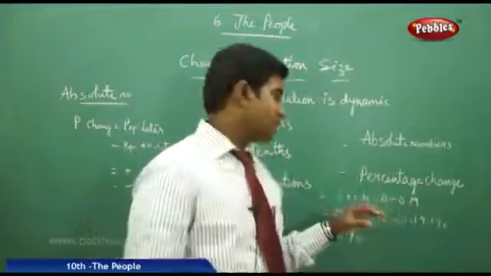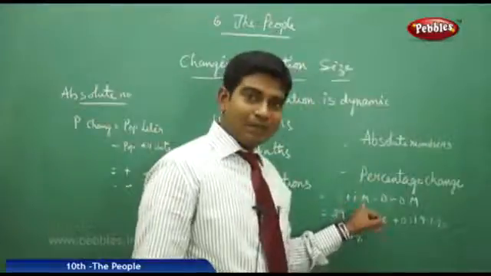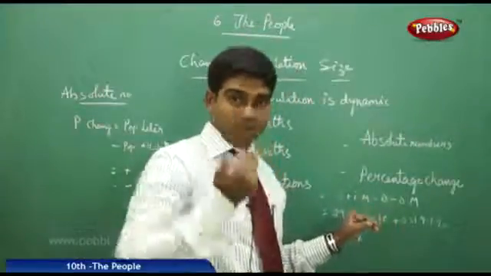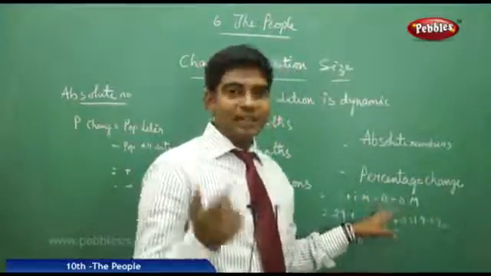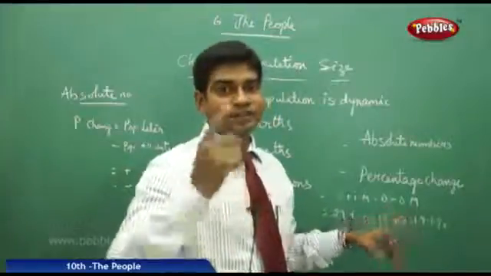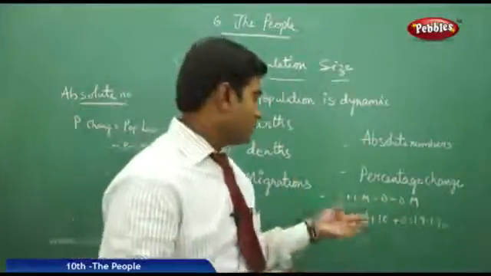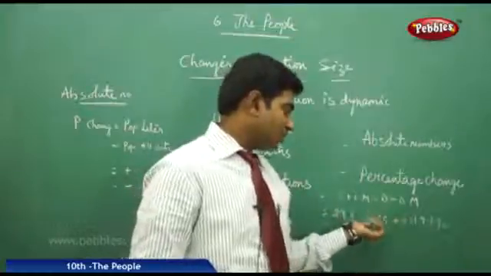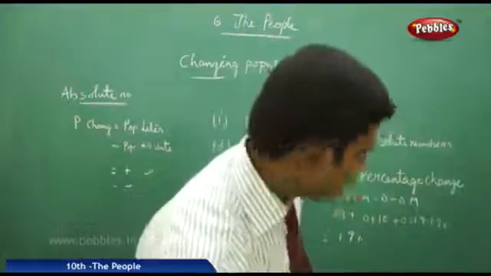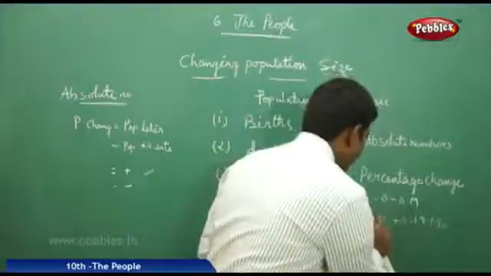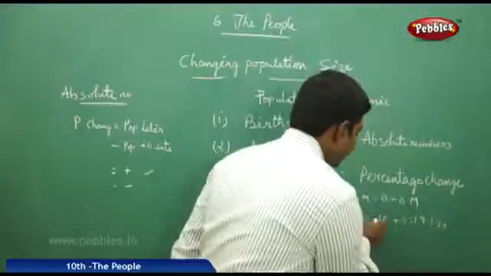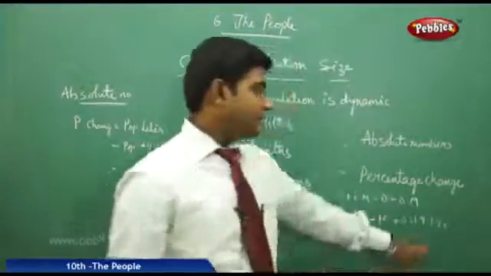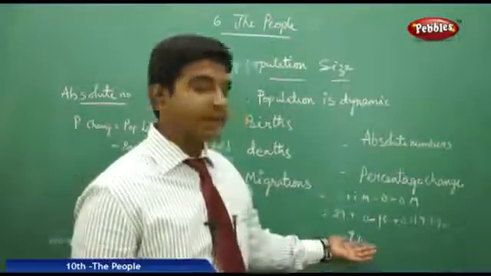The formula for that is births plus in-migrants, those coming to our place, minus deaths minus out-migrants, those who are leaving our place. So you get 29 plus 0 minus 10, that leads to 19 for us. Then the percentage calculated is 1.9 percent.